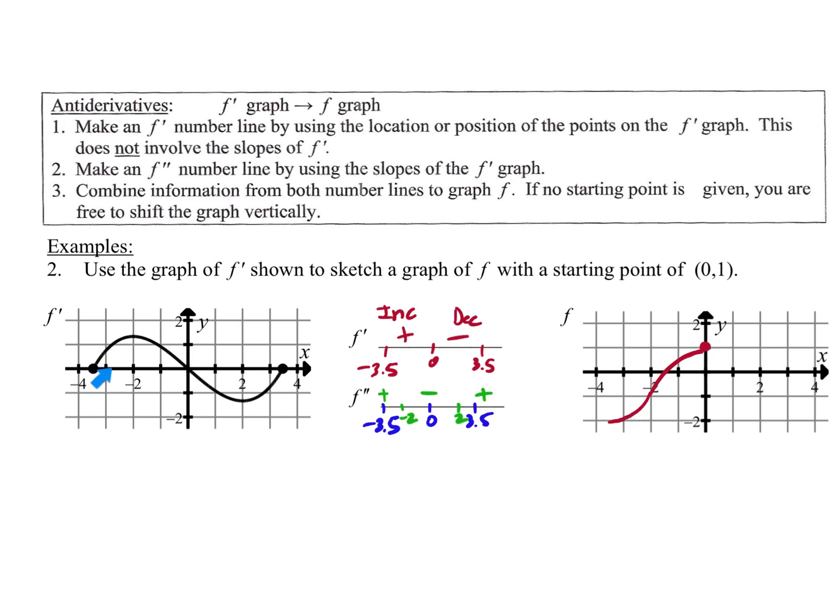We could look here and go, all right, at negative 2.9, it is 1. So at negative 2.9, right in here now, my slope is 1. So you could look for those kinds of things as well, okay? Same thing here, where x is negative 1, the slope is 1. So at negative 1, I have slope of about 1. So you have to kind of pay attention to that a little bit. And that's where you're going to want to go through and check.